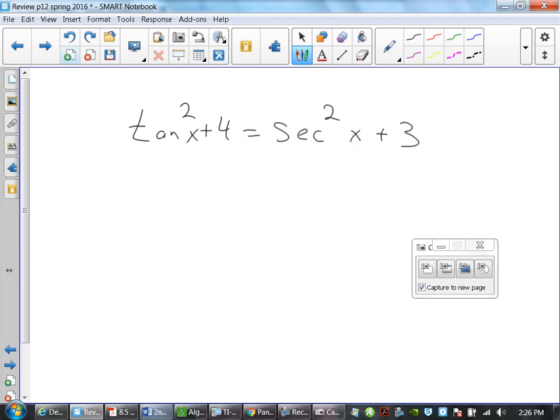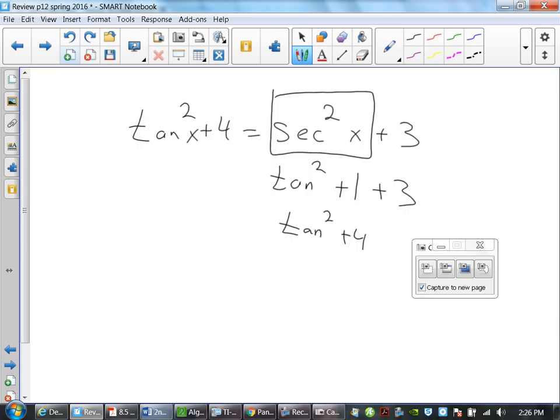Secant squared is tangent squared plus 1, I believe, correct? Sure. So, using my Pythagorean identities, I know that this equals tangent squared plus 1. And it equals tangent squared plus 4. Sine squared, it would be 1 minus sine squared cosine. Yes, sir. Did you say we're getting the identities test? I don't know.